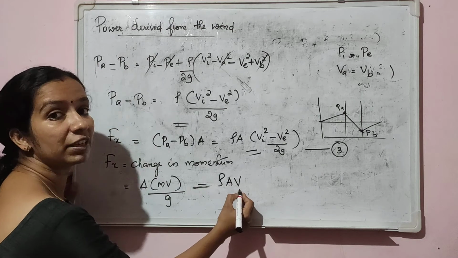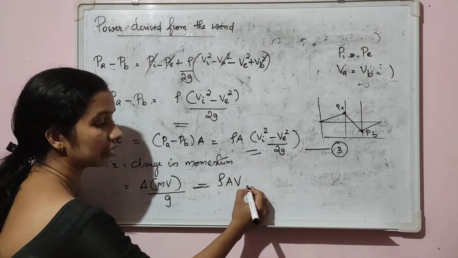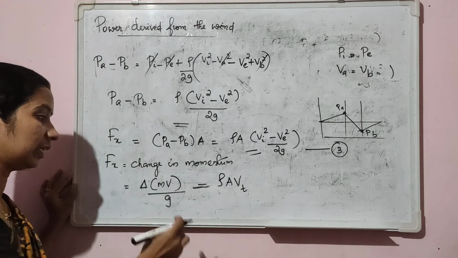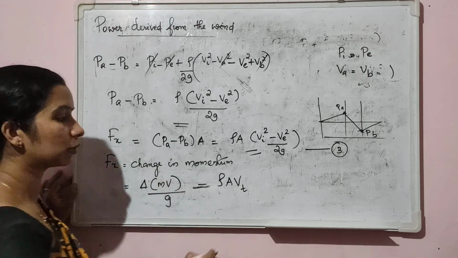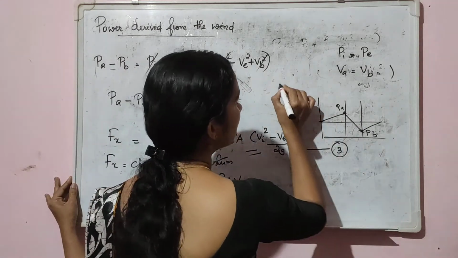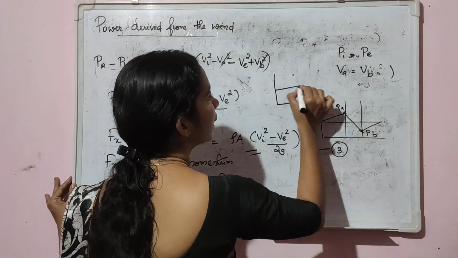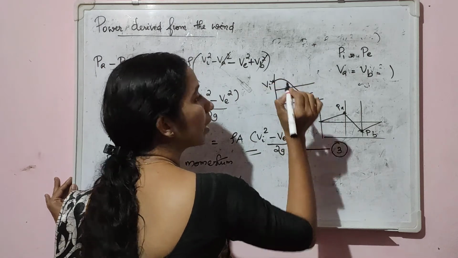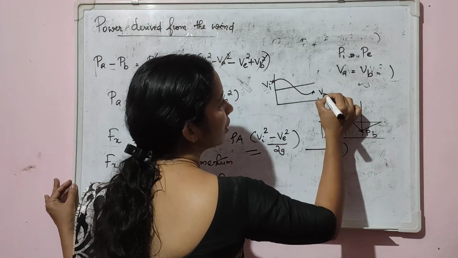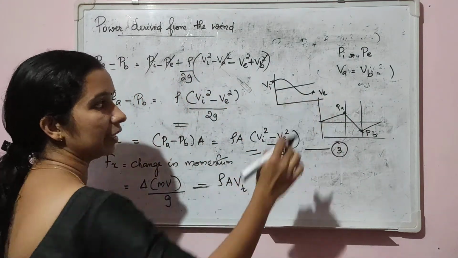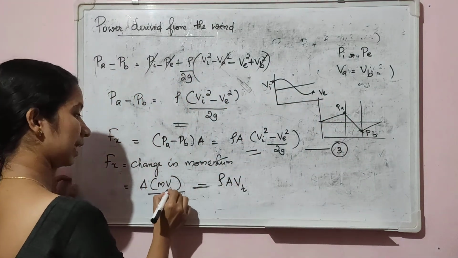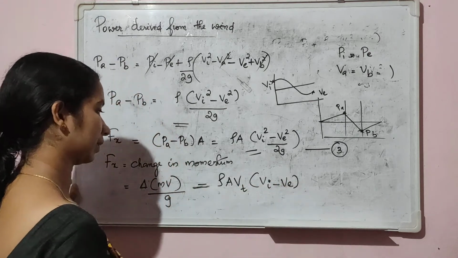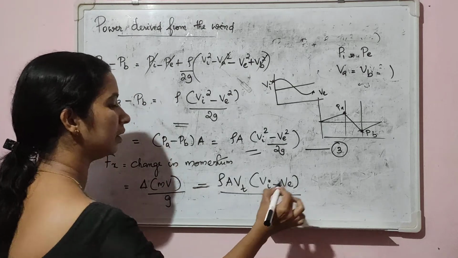So now here V will be the average velocity in the turbine, that is Vt. So we have denoted that term as Vt into delta V, change in velocity. So what is the change in velocity? From the graph showing the variation of velocity, the initial velocity was marked as Vi and the final velocity as Ve. So delta V, or change in velocity, will be Vi minus Ve divided by g.